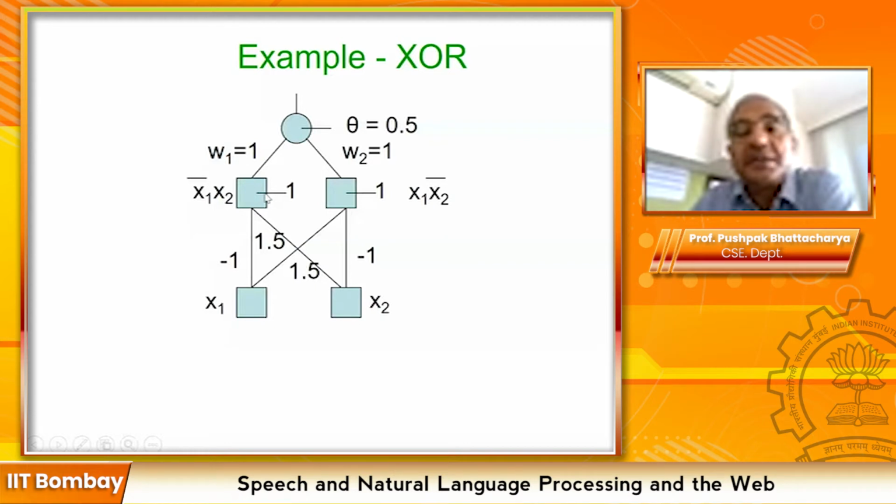Now OR of x1 bar and x2 bar is nothing but a NAND function, since x1 x2 bar is x1 bar plus x2 bar. So the NAND function is again computable by a single perceptron. So you can compute OR here and NAND here, and the output neuron will compute AND. Okay, and thereby XOR will be computed. So Jyotsna, again, please give the alternate network for XOR, where you show that one of the hidden layer neurons computes OR, and another hidden layer neuron computes the NAND function.